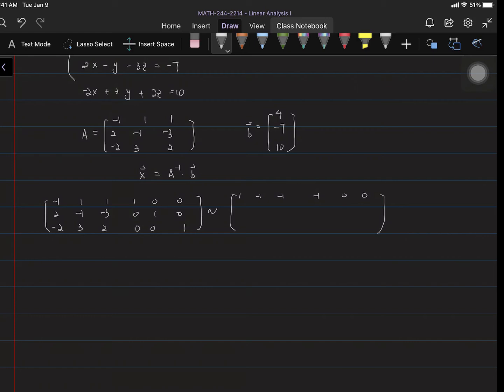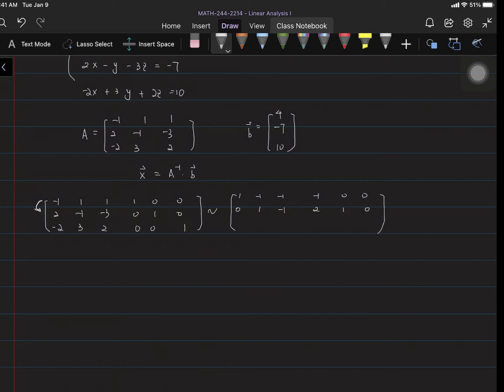Here I want to save some steps, so I start from here. I can use row 1 times 2, add to row 2, make it 0, and then change my row 1. So same thing, -1 times 2, so 2, 0. Times 2, 2 minus 1, 1, times 2, -1, times 2, here, 0.